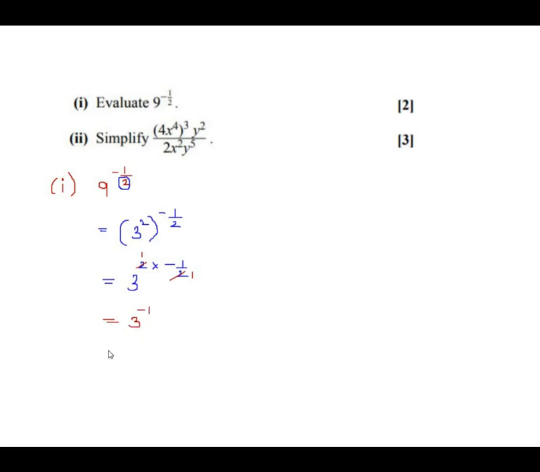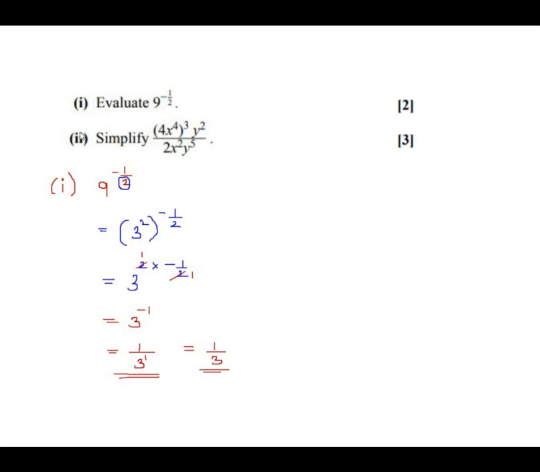Now again remember, the law of indices says if there is a negative power, you can change it to a positive power by just reciprocating the number. So we get the answer as 1 over 3 raised to 1, or just 1 over 3. This is the way to solve this example.